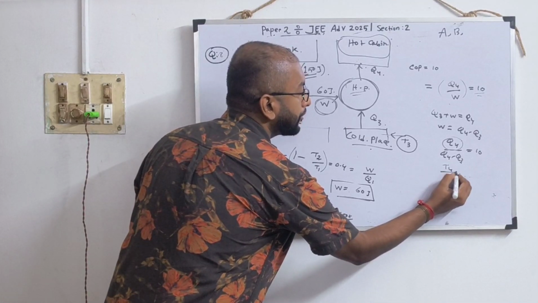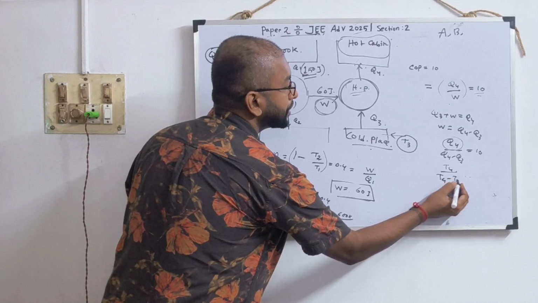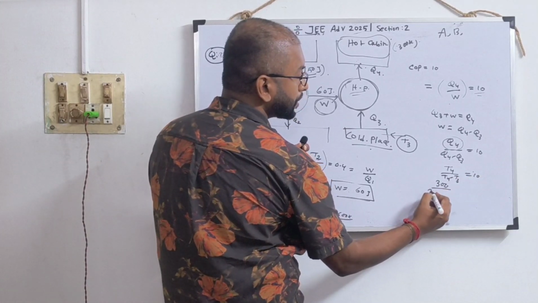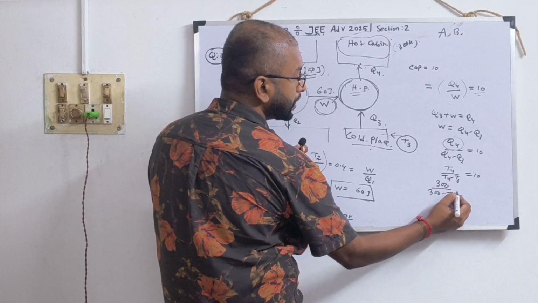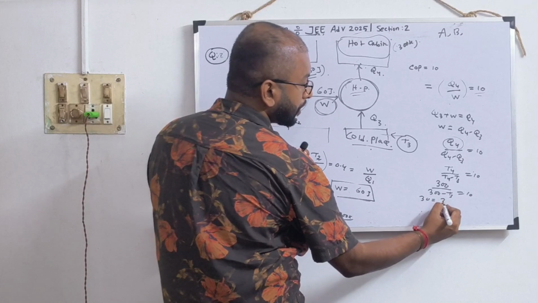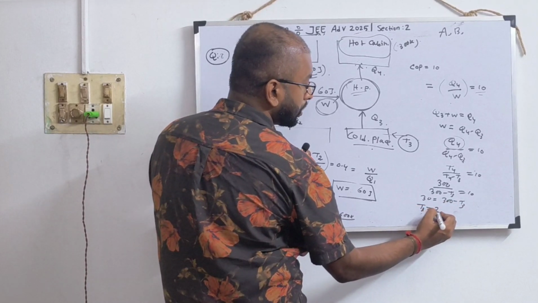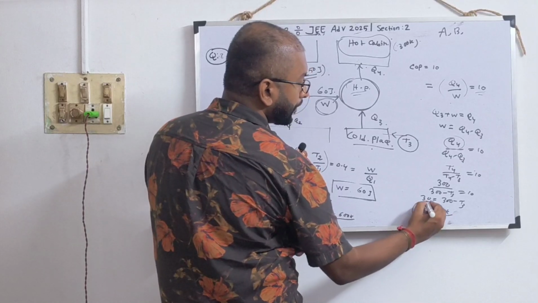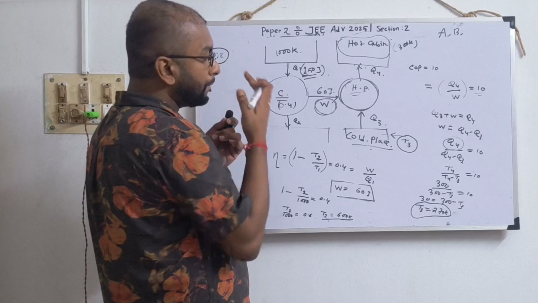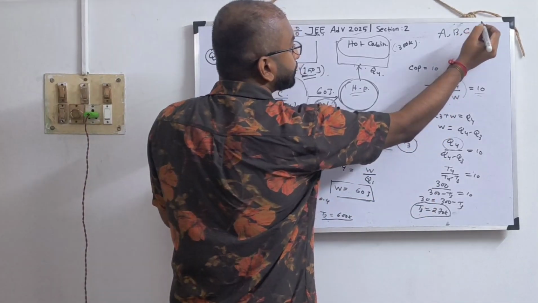So we can directly write that T4 by T4 minus T3 is 10. T4 is already given as 300, so 300 by 300 minus T3 is 10. So 30 is equal to 300 minus T3. So T3 I am getting as 270 Kelvin. That is option C. That is also a correct option, because it is given that the temperature of the cold reservoir of the heat pump is 270 Kelvin.